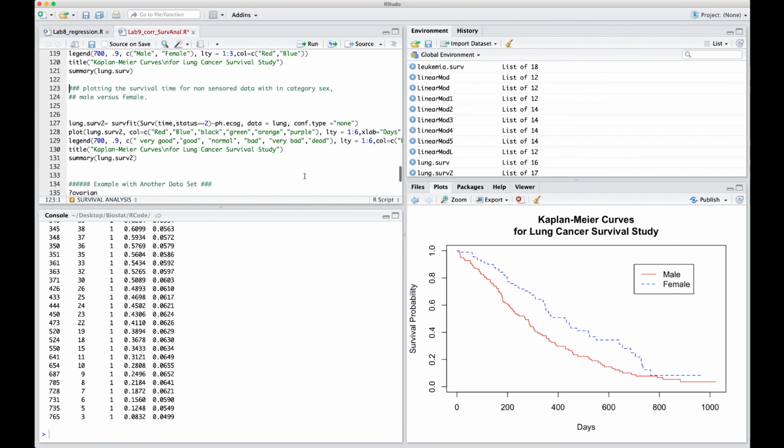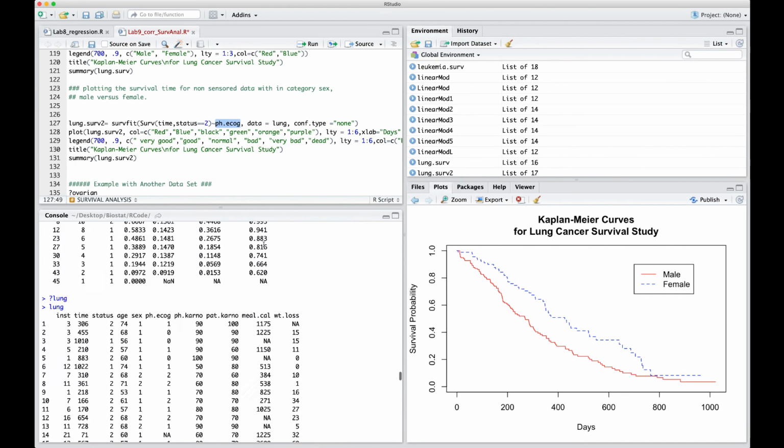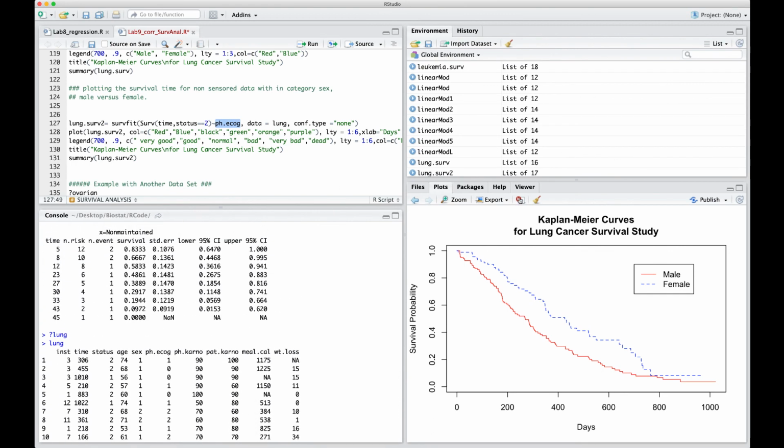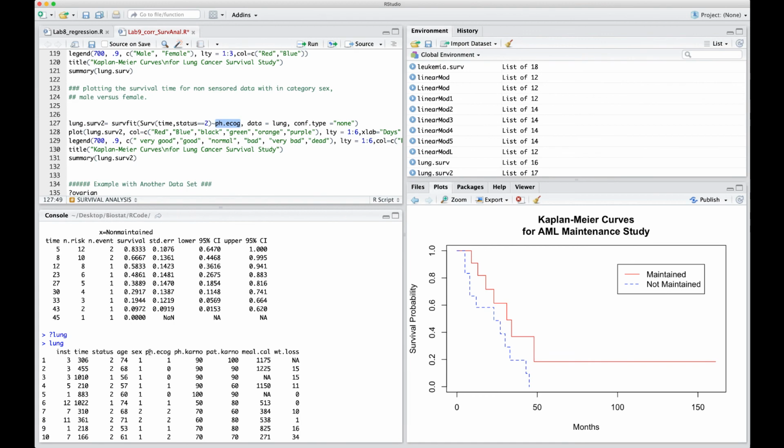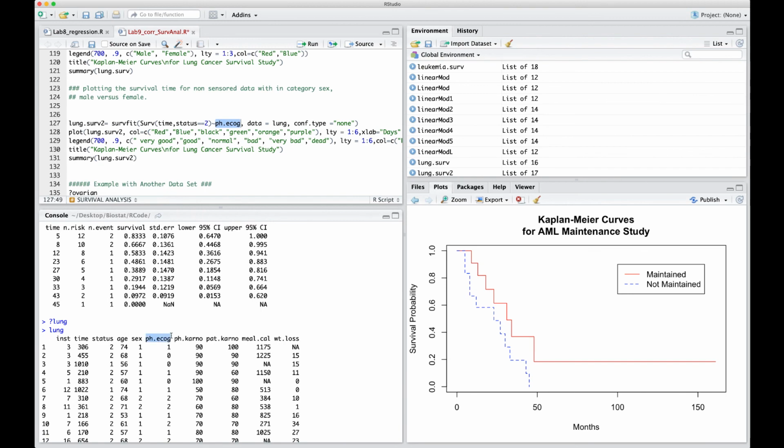Now, if you want to do it for ph.ecog, this is one type of measurement. Let us see what ph.ecog is.